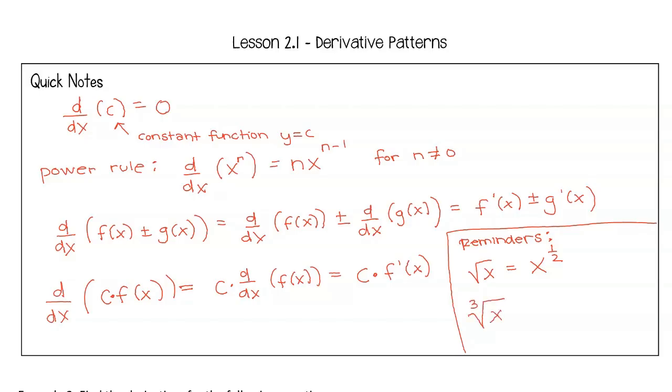If I had the cube root of something, I would need to change that to x to the 1/3. And if I have anything that is a fraction with a variable in the denominator, so in this case maybe just x, but it could be x squared, x cubed, this is rewritten as x to the -1. That should help with some of the practice problems in the next video.